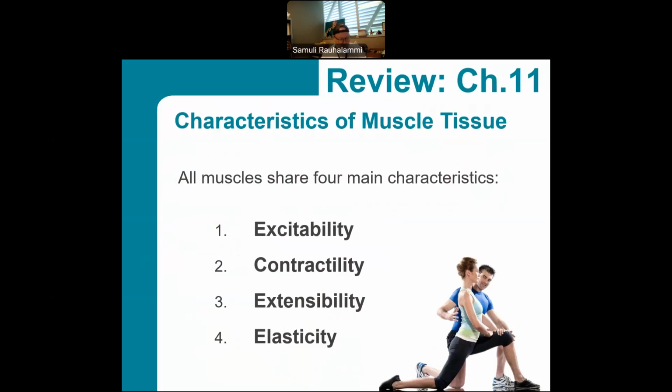Muscles are also extensible, so they can be stretched in response to force. And then we're seeing elasticity, referring to the recoiling of the muscles, returning to their original or resting length when the force that's stretching them is removed. So those were the four important characteristics of muscle tissue for us to consider.